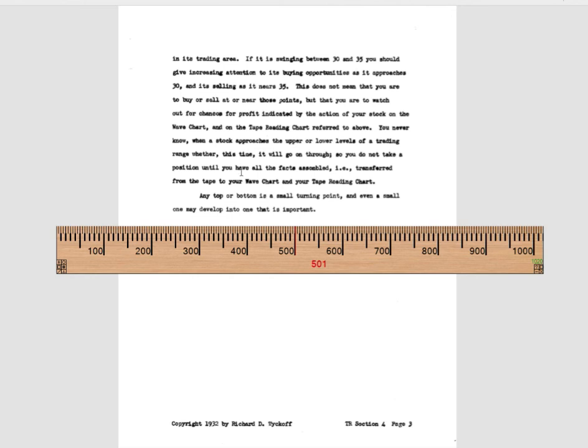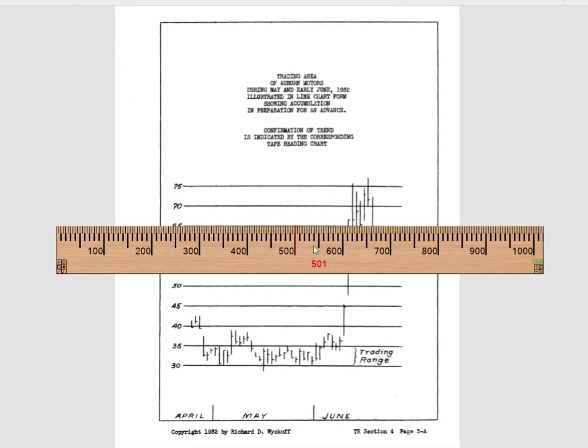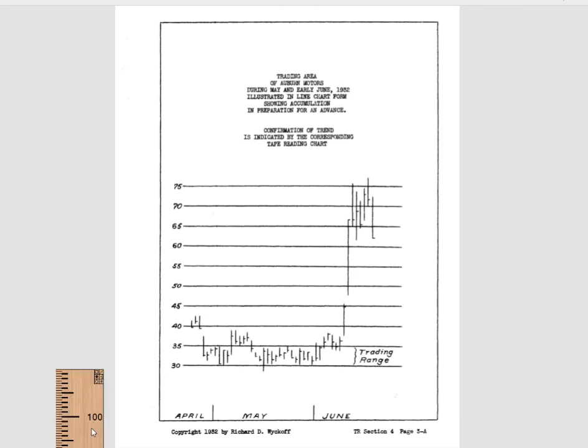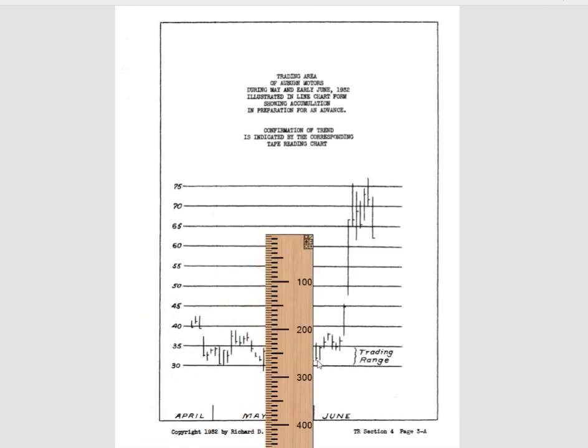Alright, so what's the next one? You see this rally right here? This rally prior to the breakout? I bet this rally here, this green bar, green bar, green bar, would have had increase in volume as it's going to resistance.